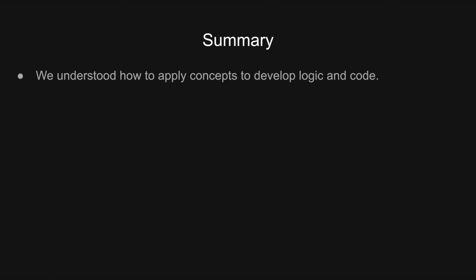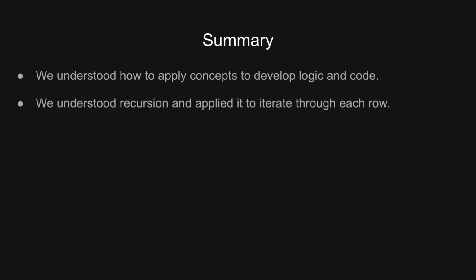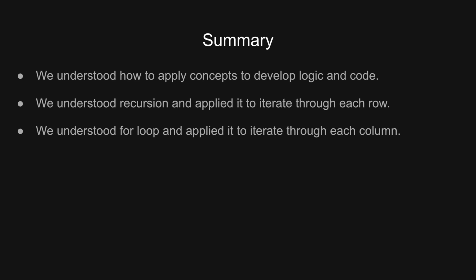Now, as we tested the code successfully, we will summarize whatever we understood. We understood how to apply concepts and develop logic and respective code. We understood the recursive function and applied it to iterate through each row. We understood the for loop and applied it to iterate through each column.